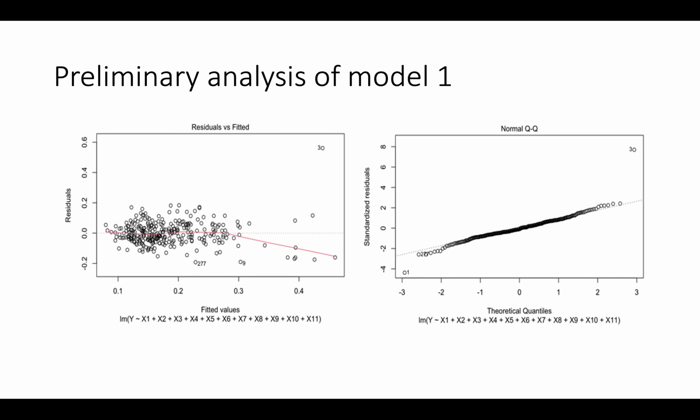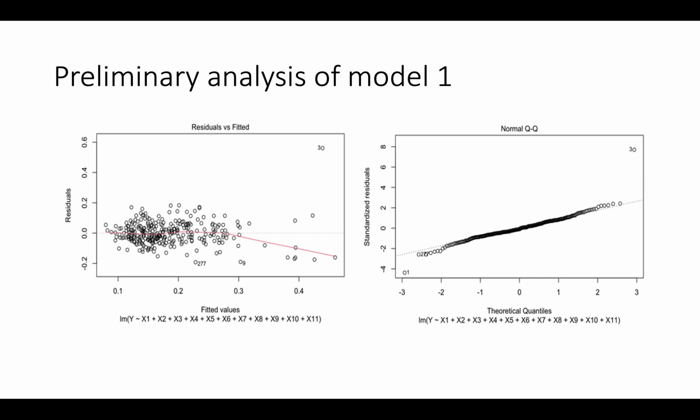Here are the visualization plots from the output of R. From the residual plot, it seems that the model might be quadratic, but it's not very obvious, and there exist several outliers, for example points 3, 9, and 277, that might affect the relationship in the dataset.